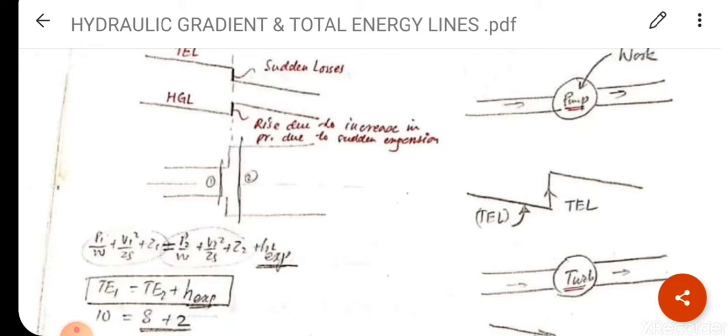So at point 2, or you can say after junction point, pressure will rise due to sudden expansion. Clear? So here HGL will move in upward direction and it will follow the same path as usual.